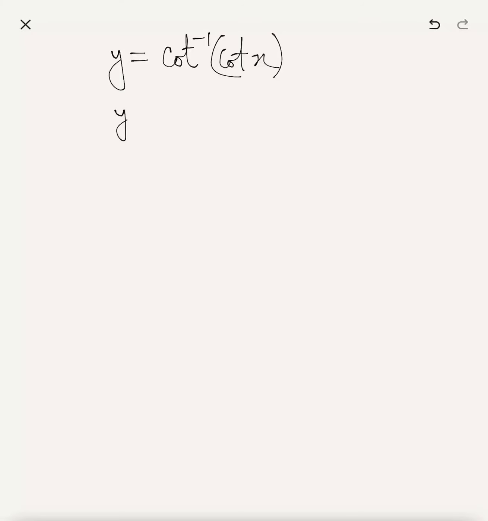You will get y equals x if x belongs to the open interval 0 to pi. We all know that for cot inverse the range, the principal value branch, is the open interval 0 to pi. Now let us draw the graph.